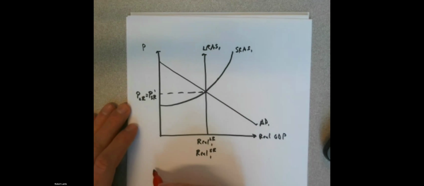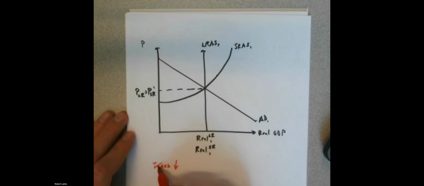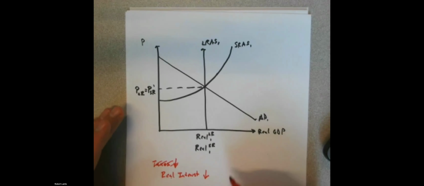But I might do something like say, okay, assume that taxes decrease, right? Actually, I think I already did a tax one. Let's assume that real interest rates decrease. Well, if they decrease, once again, we always want to think about these things through the lens of a consumer.